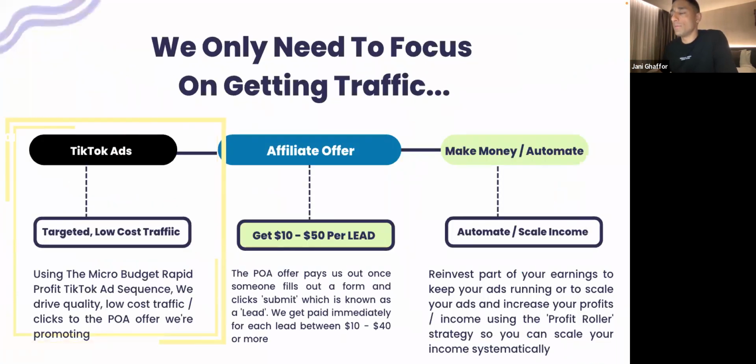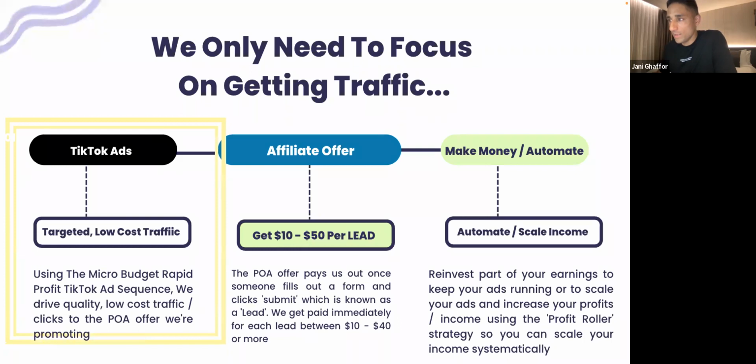So look, because we're affiliates, all we need to do is focus on getting traffic. That's it. So TikTok ads, right? We use it to get targeted low-cost traffic. We send that to the affiliate offer. Whether that's a lead gen or pay-per-sale offer, if it was lead gen, let's say $10 to $15 per lead, when someone fills out the form and clicks submit, we get paid.